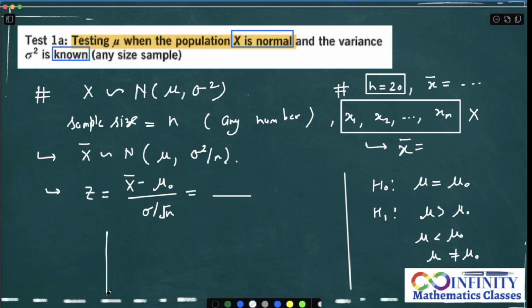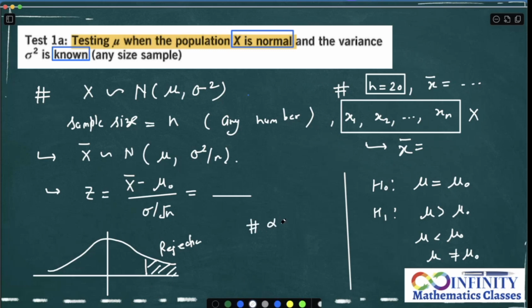So just suppose I'm talking about one tail. One tail stands for right tail for the moment. Just suppose this is the right tail. This is going to be the critical region. So in case the value of z lies here, this is the area of rejection basically. So whenever the value of z lies in this part, how can I ascertain? Just suppose the value of alpha is given to you like 5%.